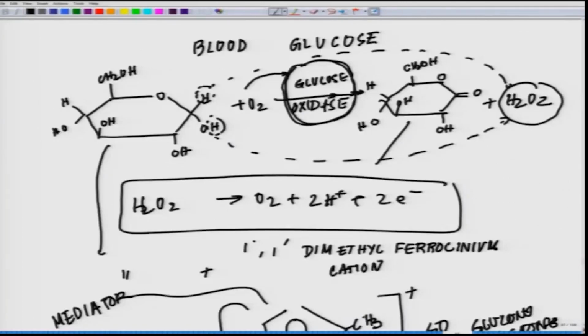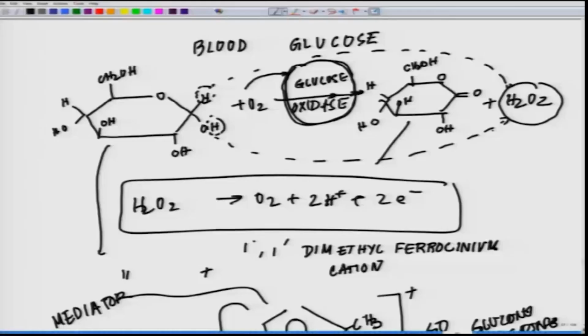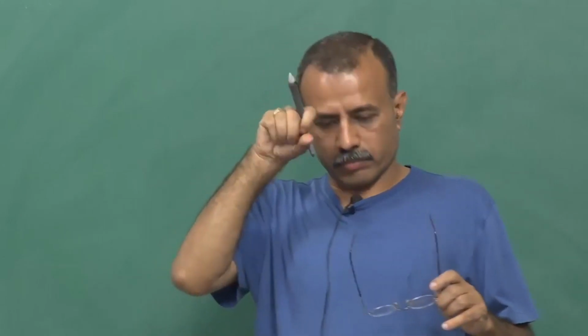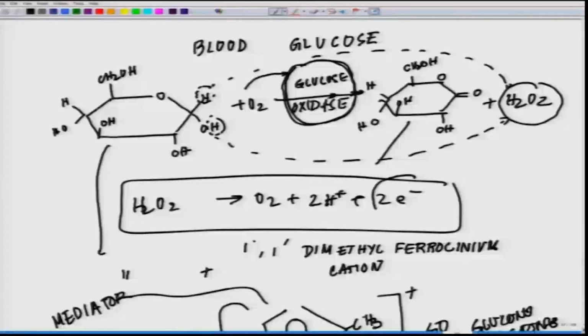Then you dissociate the H2O2 by injecting current. So, the amount of H2O2 at the working electrode tells you how much glucose is present. It is an indirect measure. You keep it at a certain voltage and measure the current, and based on that you calculate how much glucose there is. So, automatically the current tells you the amount.